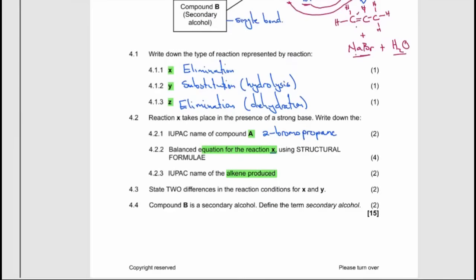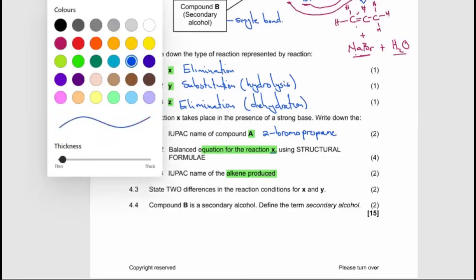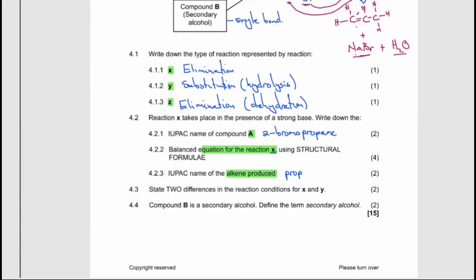So I'm going to change color there and say prop-1-ene, because we have our double bond on carbon number 1. So that's the answer for that question.